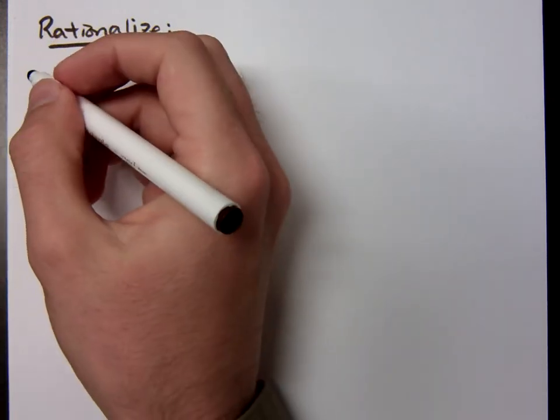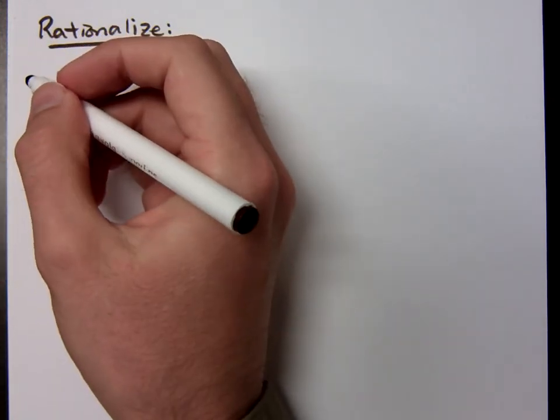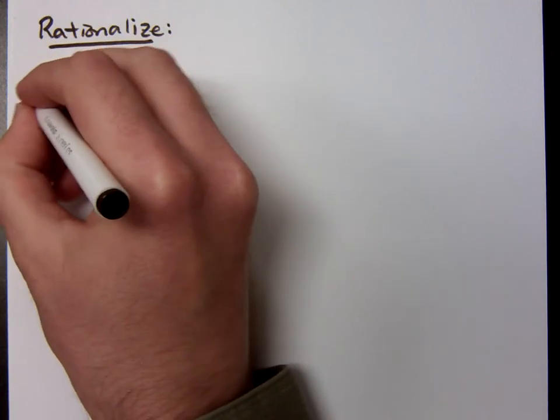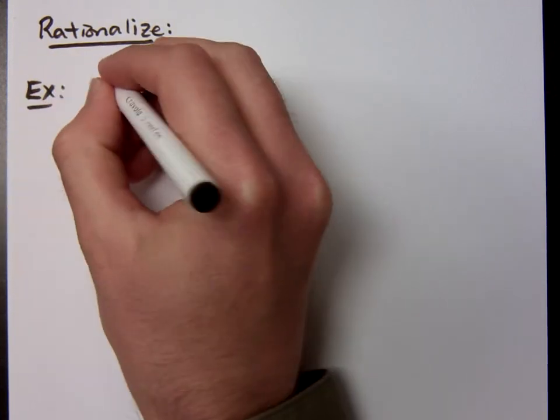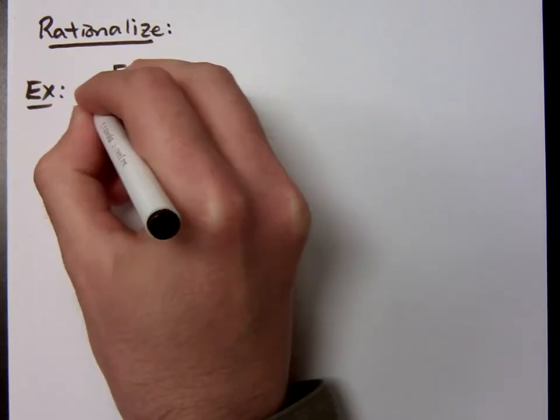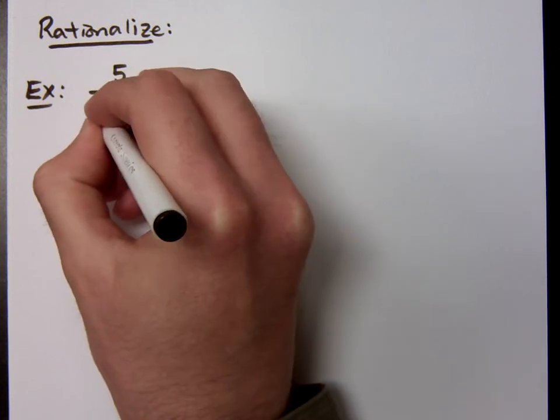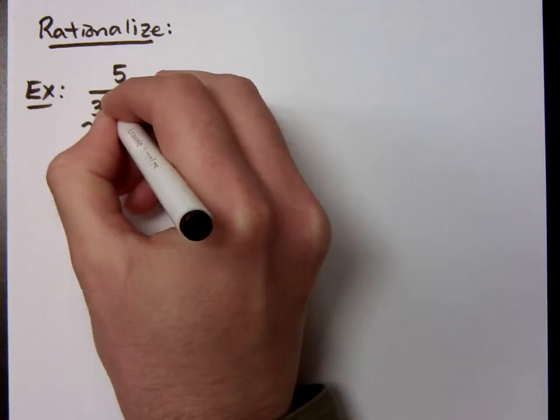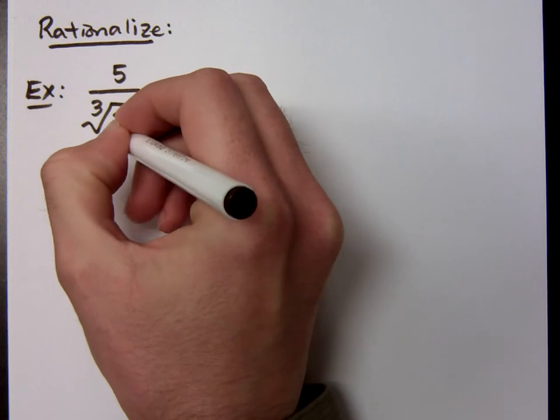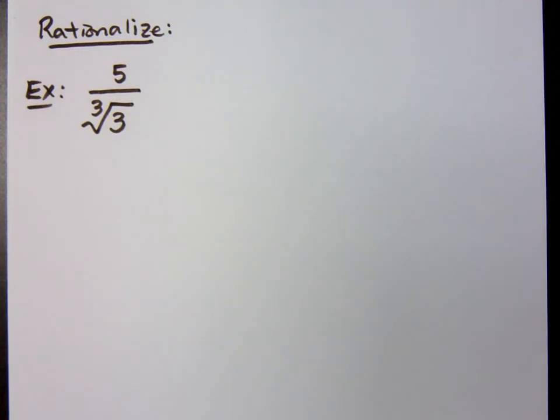All right, let's take care of some more examples where we need to rationalize the denominator. If I have 5 over, pay attention here, the cube root of 3, 5 divided by the cube root of 3. Okay?